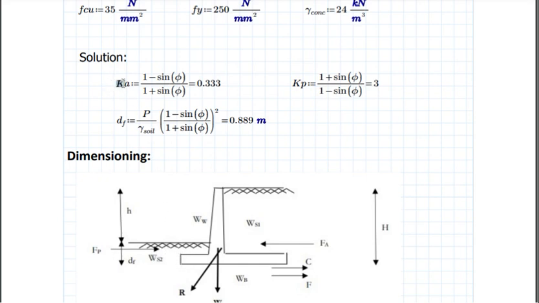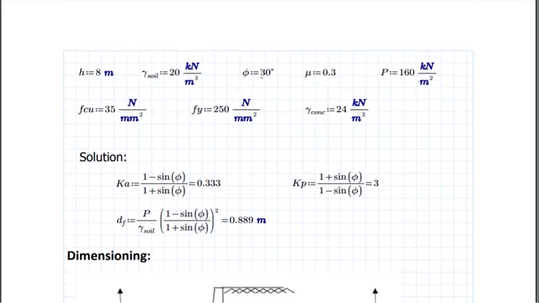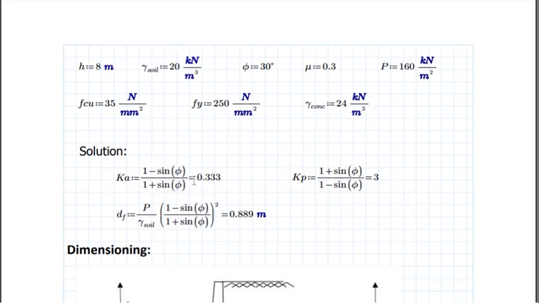Then this Ka here just stands for a coefficient of this pressure. The formula is 1 minus sine of this theta all over 1 plus sine of theta, which is equal to 0.33.